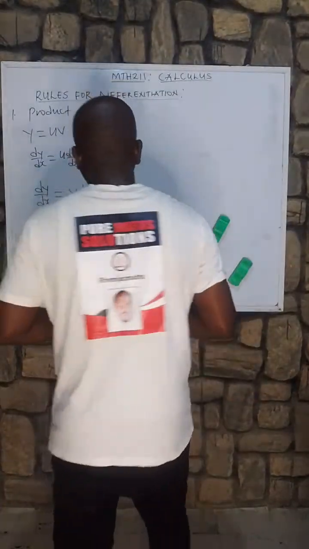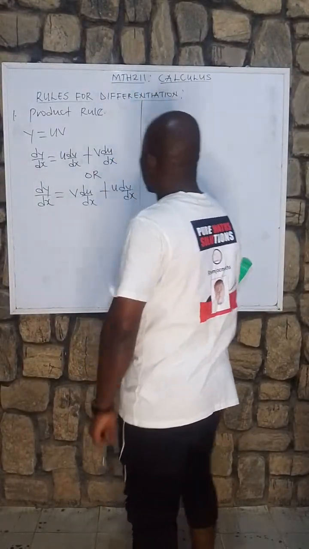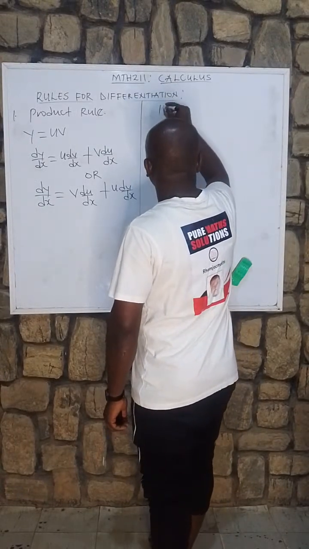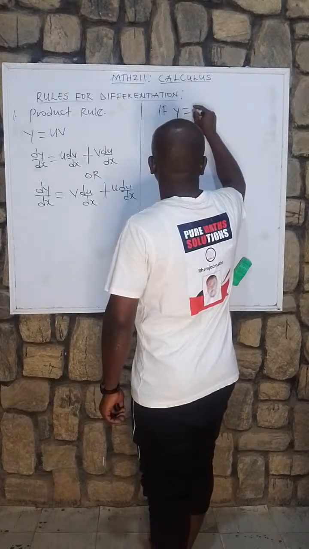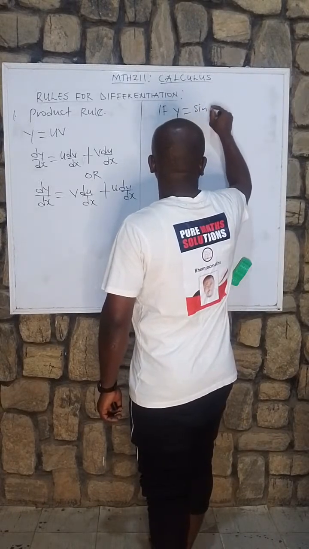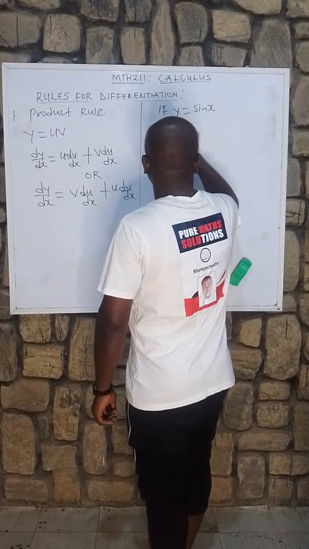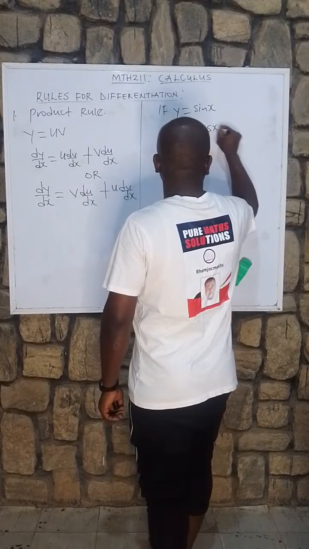But before we use product rule, let us take note: if y equals sin x, the derivative dy over dx is cos x.